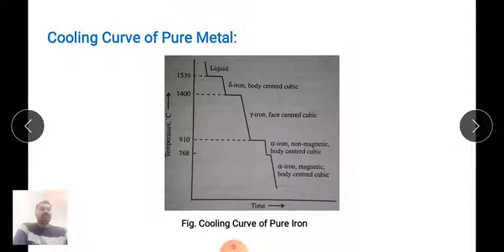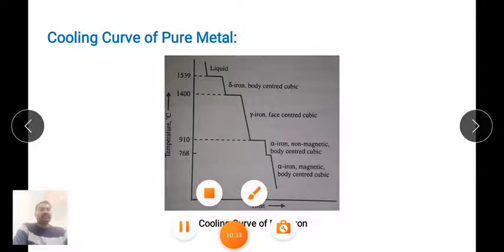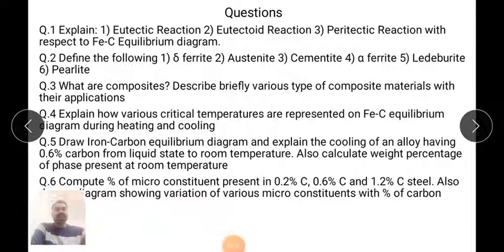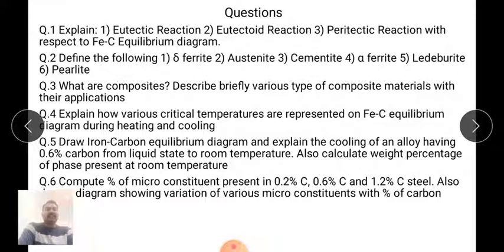Whatever important questions were asked in the university exam are quoted here, so we can go through how we can write the answer to each question. Here we can observe question number 1: explain the eutectic reaction, eutectoid reaction and peritectic reaction with respect to the iron carbon or Fe-C equilibrium diagram.